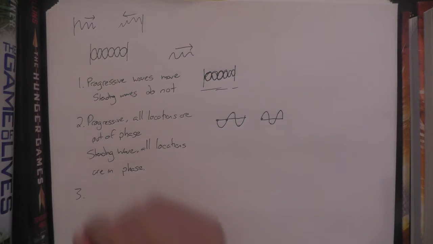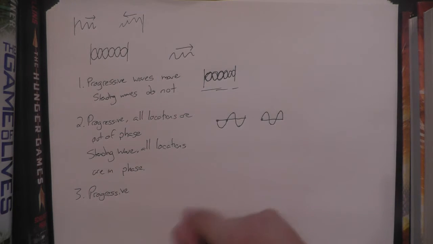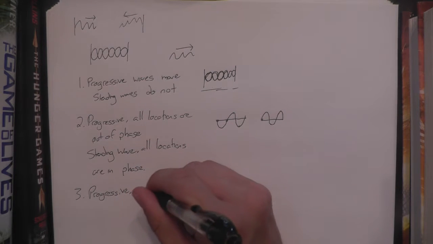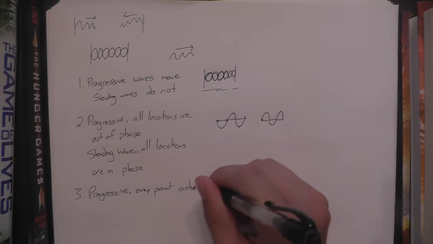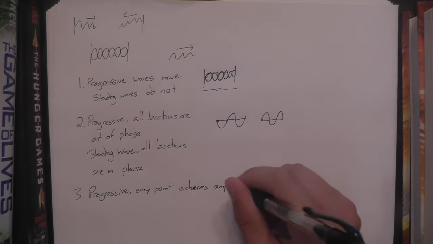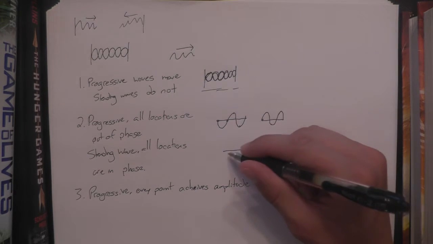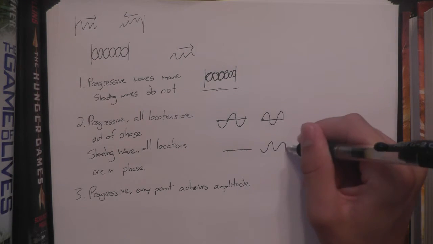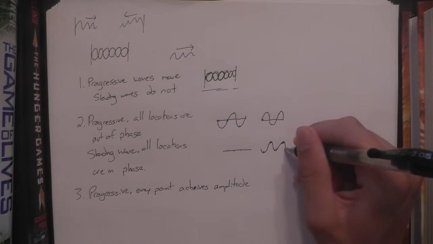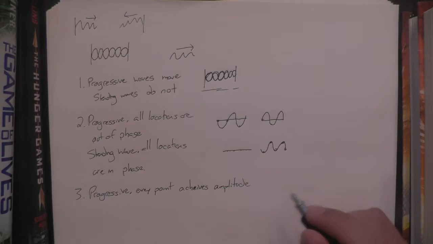And the third marked difference, and arguably the most important, is that in the progressive wave, because all locations are out of phase, every point achieves amplitude, or maximum distance away from the equilibrium point. Every point of a progressive wave, eventually, they're all at the equilibrium point, then the wave passes through, and all those points there will eventually get to the amplitude as the wave passes through, right?